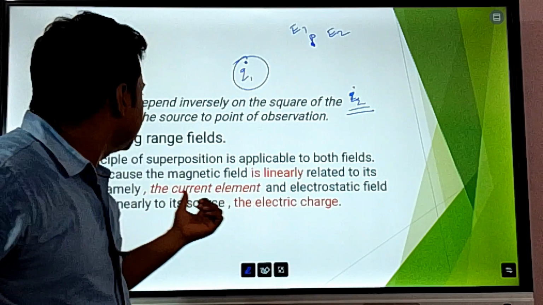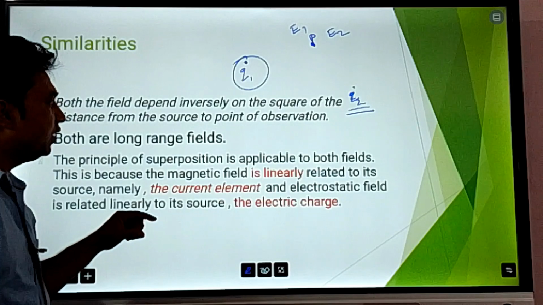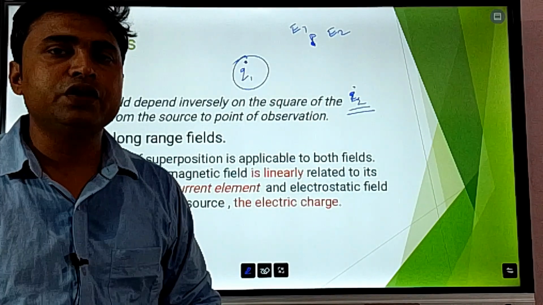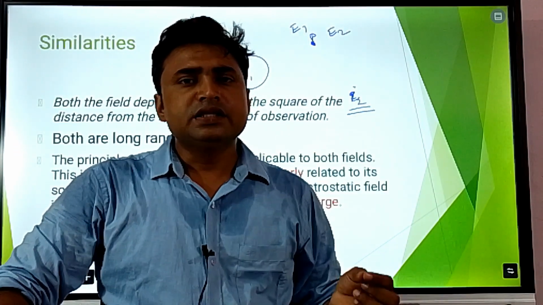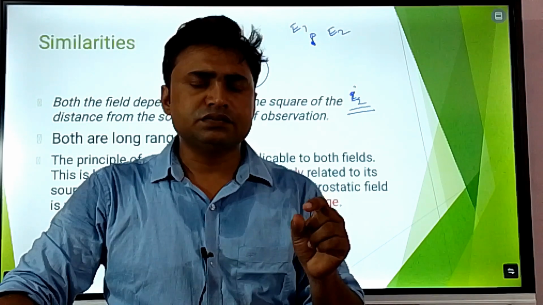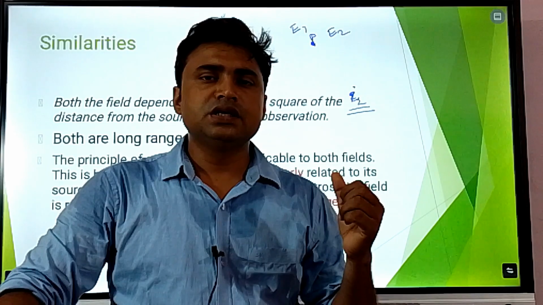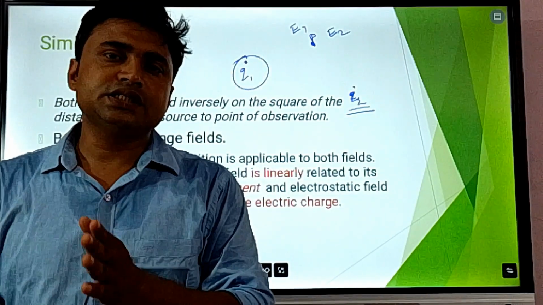In both cases, the magnetic field and the electric field, the principle of superposition is applicable. If we are going to find either the electric field or the magnetic field at any point, then just find the field due to each source individually, and finally add them.